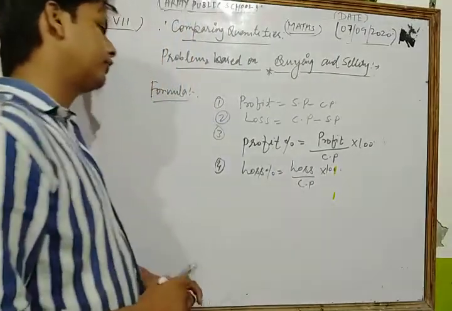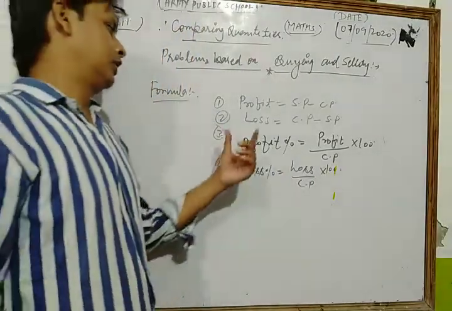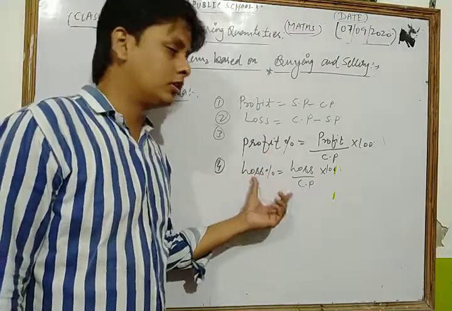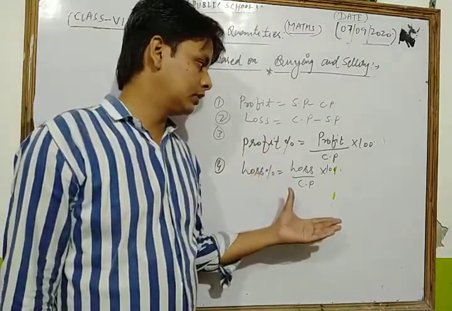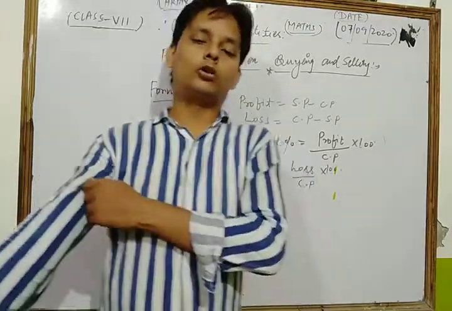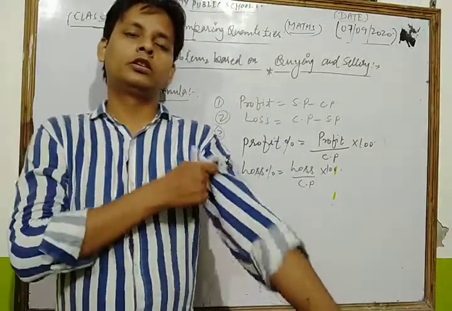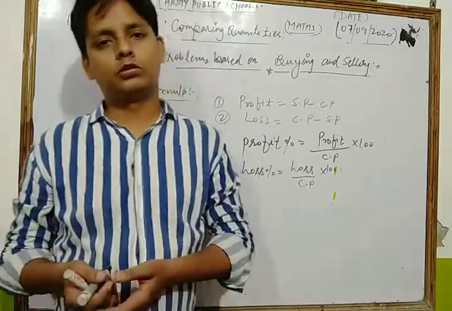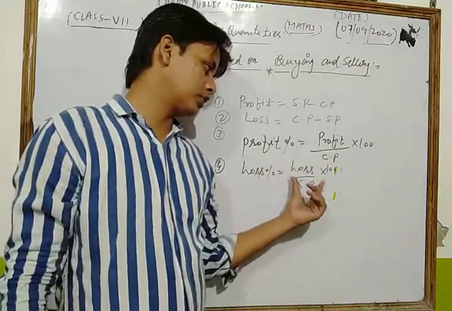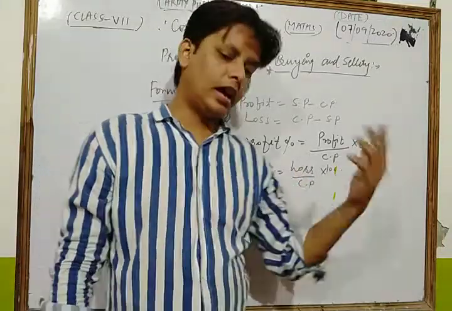In this way, dear student, we can say that the profit percent and the loss percent both are calculated on the cost price. So the formula for the profit percent is profit upon cost price into 100, and the formula for the loss percent is loss upon cost price into 100.